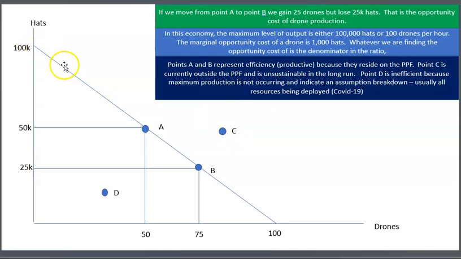But any point on this curve or line is what we call productive efficient, meaning we are getting the maximum amount of production we can. Now, there's going to be a specific point on the curve, if we're talking about the macroeconomy, where we're allocating efficiency. In other words, we're producing the exact mix that the public wants.